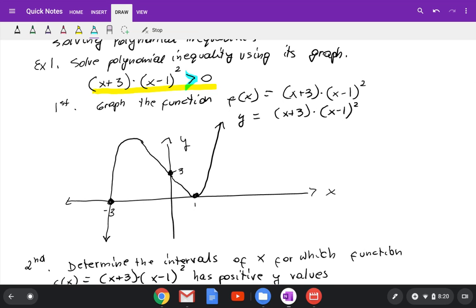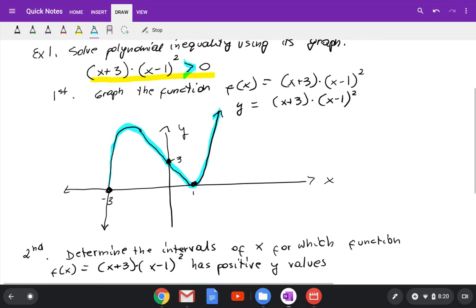So on the graph, you're just checking where the function has positive y values, which is right here. And now you have to describe that using the x values and intervals.